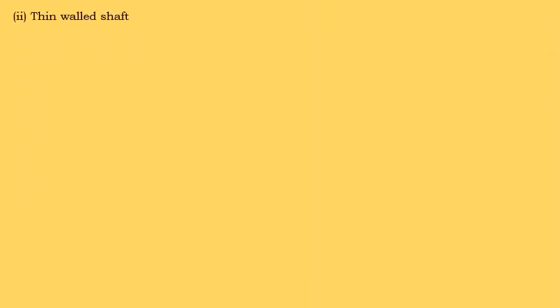So next, second case, by treating the shaft as a thin walled one. So how to find the diameter of the wall? Diameter small d is equal to D1 plus D2 by 2. D1 represents major diameter, D2 represents minor diameter. So if we add and divide by 2, it gives the diameter of the thin wall. Therefore 100 plus 95 by 2 gives 97.5 mm. So this is the diameter of the thin wall.